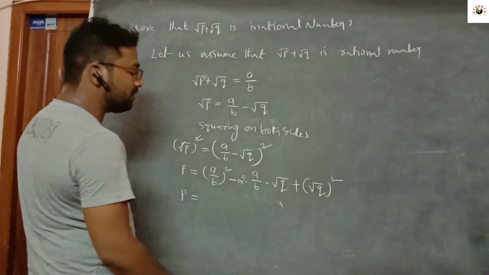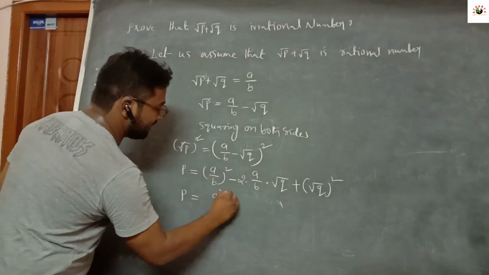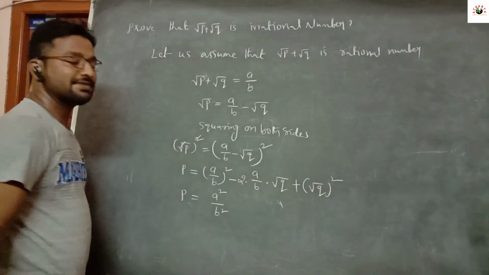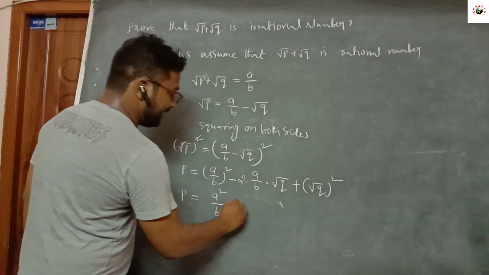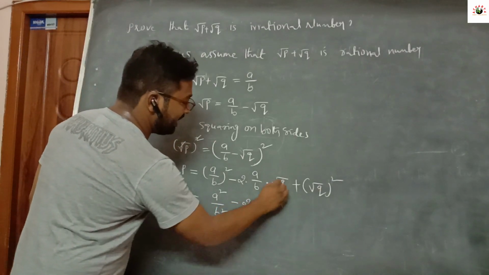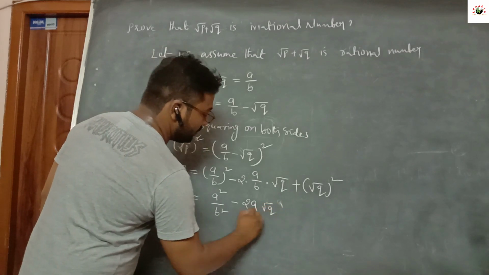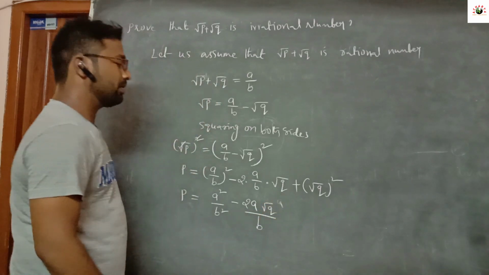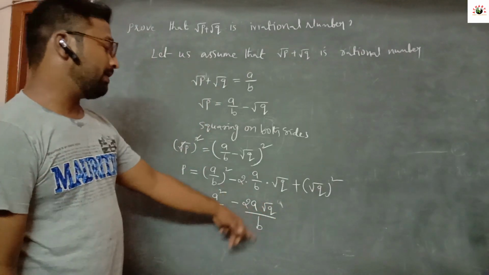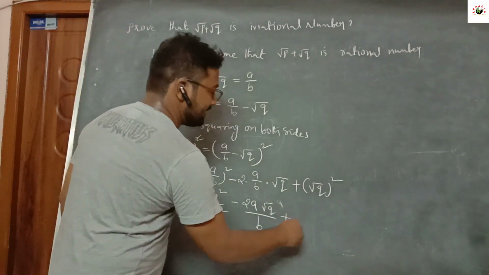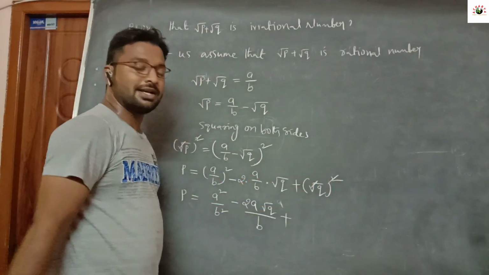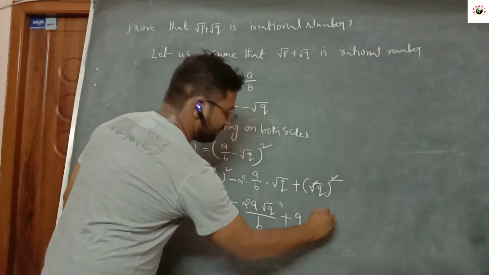The value of a by b whole square is a square by b square. Minus 2a root q by b, plus, here square and root get cancelled, the value is q.